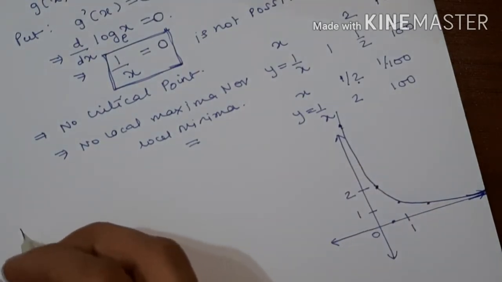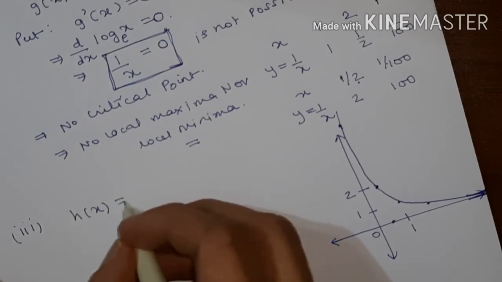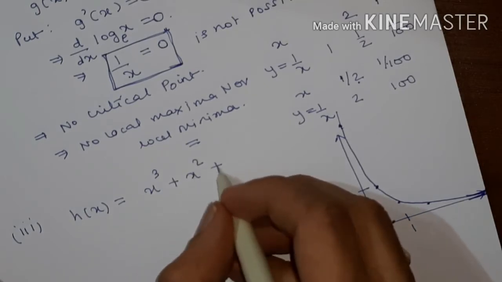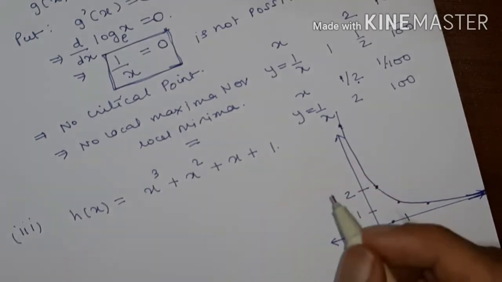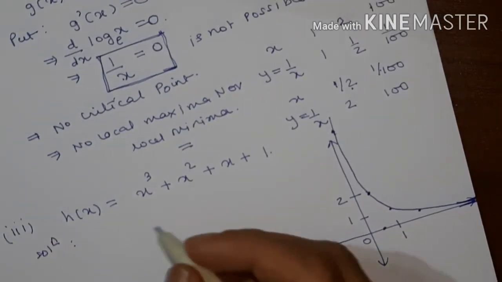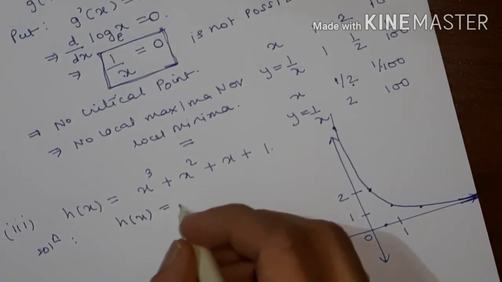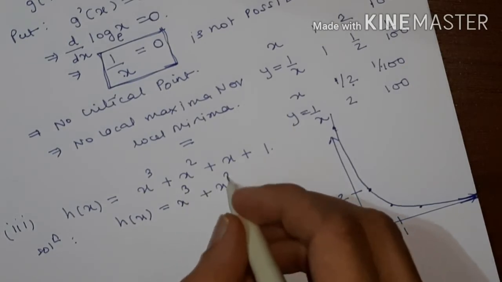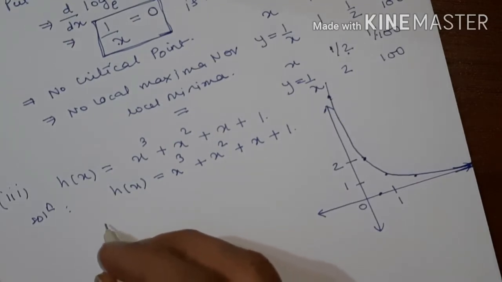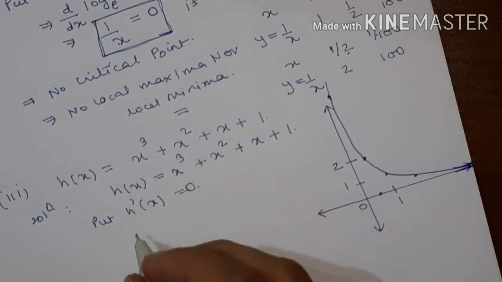Now if you look at the third, you have h(x) equal to x cube plus x square plus x plus 1. What you have to do is put h prime x equal to 0.